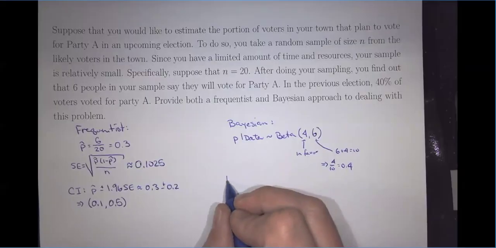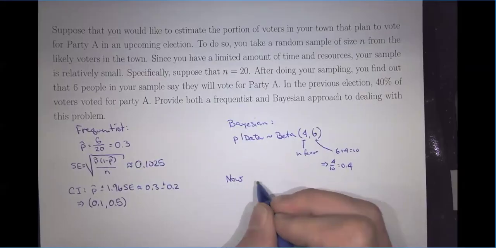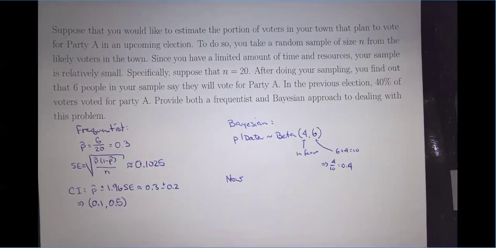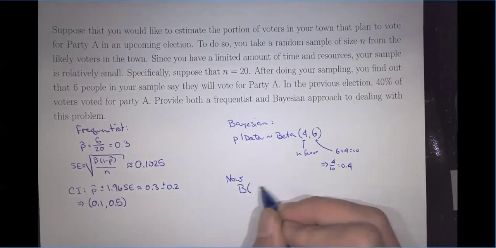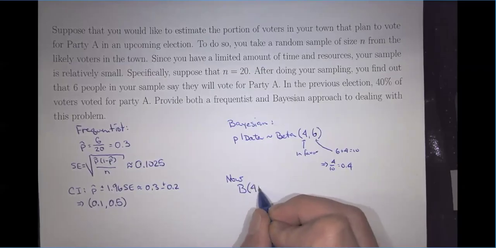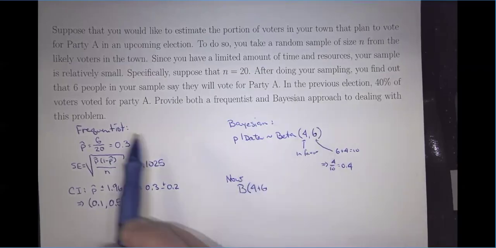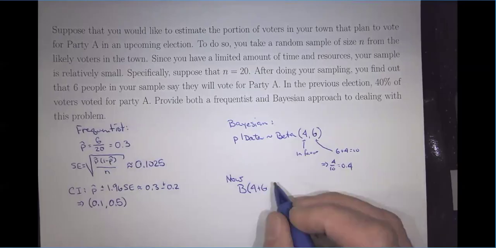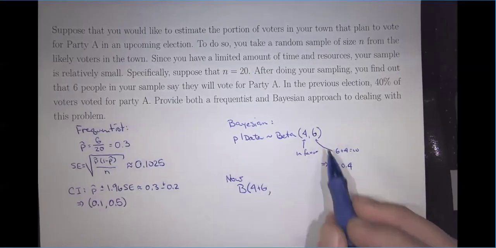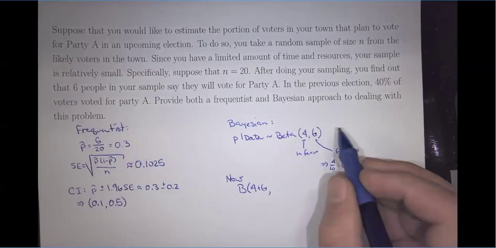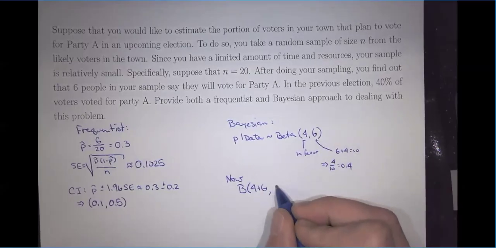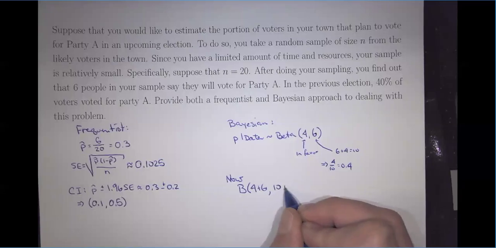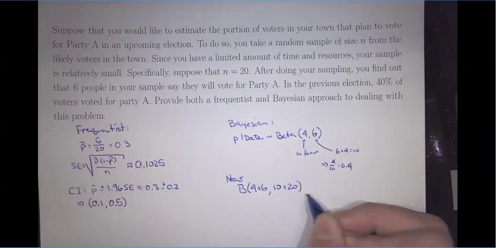So now we have a beta distribution with 4 plus the 6 that we just saw vote here. And again, if we had 10 total, the 6 plus 4 gave us 10. So now we've got our 10 plus the new 20 that we polled.